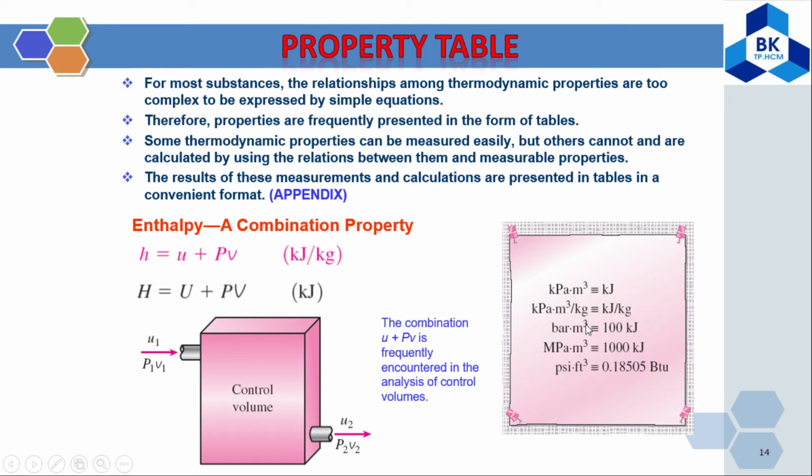Bar times cubic meter gives 100 kilojoules. Megapascal times cubic meter gives 1000 kilojoules. And psi, which is pound per square inch, times cubic foot equals 0.18505 BTU, which means British thermal unit.